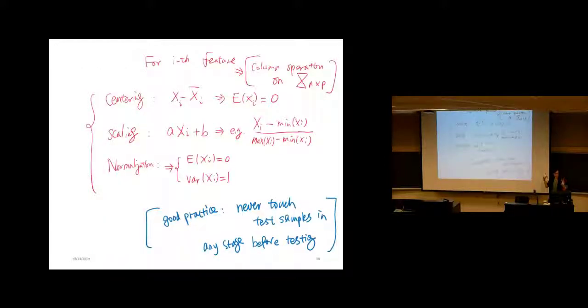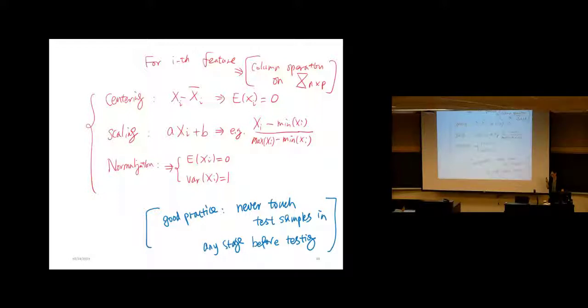There are many different ways. Feel free to read about centering only, which pushes the mean to 0 but doesn't care about variance. Or you can do normalization, pushing the mean to 0 and variance to 1. Or you only use scaling through a linear conversion, like scaling into 0, 1.